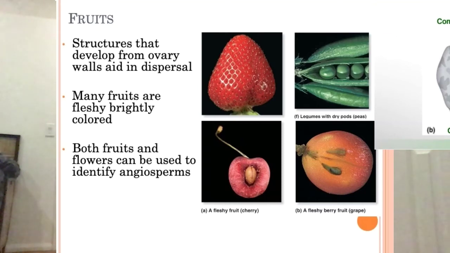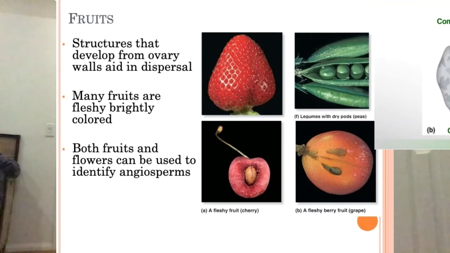And what happens is many times either the seeds get dislodged from the fruit and dispersed away from the plant as an organism carries the fruit away. Also, once the fruit is eaten, the seeds will travel through the digestive tract of whatever organism is eating it and then deposit the seed somewhere else.